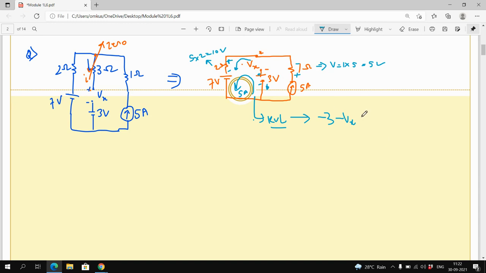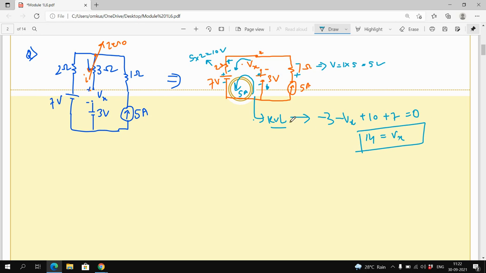It is 10 volt, so positive 10 volt. This 7 volt is positive, so positive 7 volt, equal to 0. Now solve this. You will get 10 plus 7 is 17, and 17 minus 3 is 14. Vx goes to the right hand side, so Vx is 14 volt.